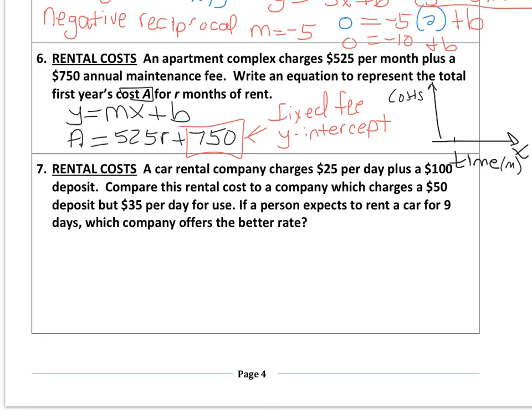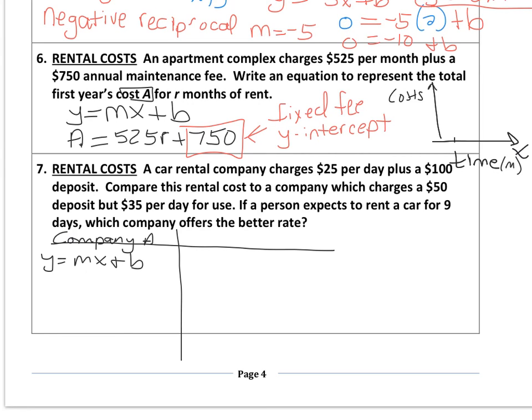I like to set up a table for this. So that's how I like to do it. So let's look at Company A, let's call it. So Company A charges, I'm going to go back to my y equals mx plus b. So they charge $25 per day.